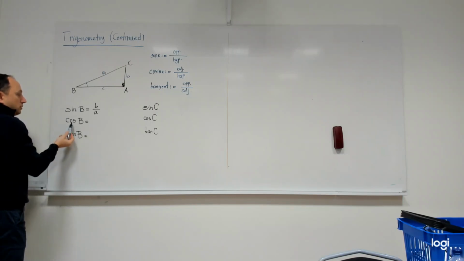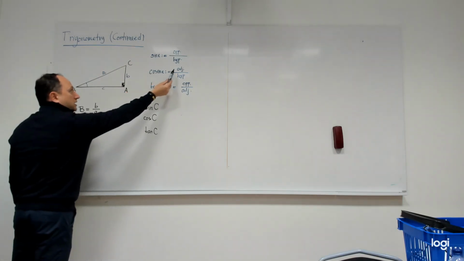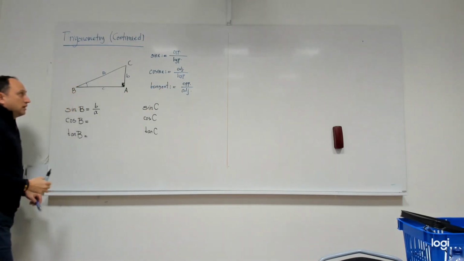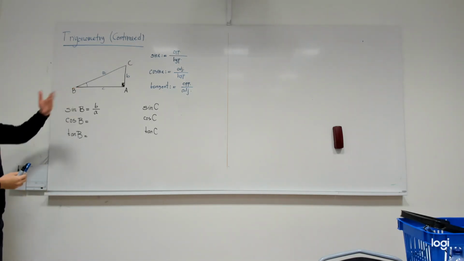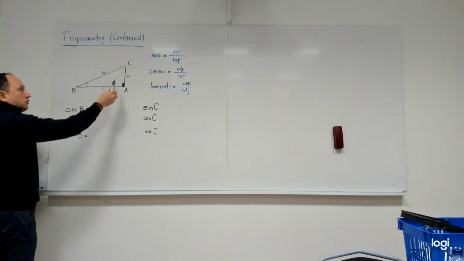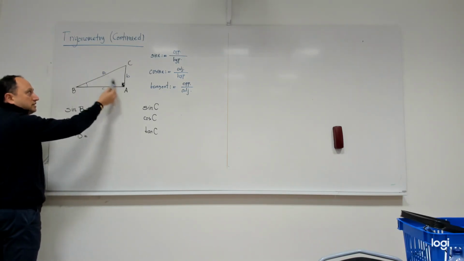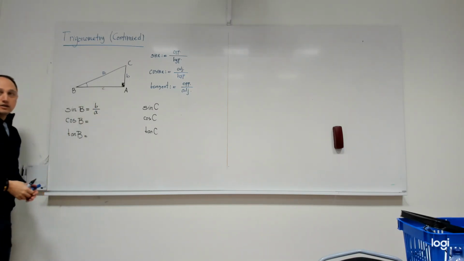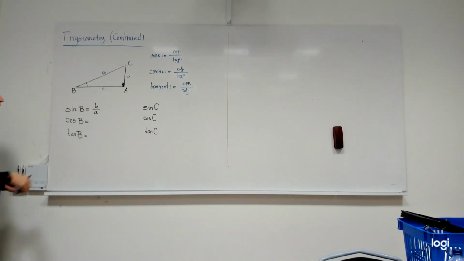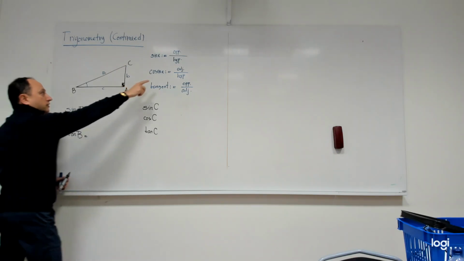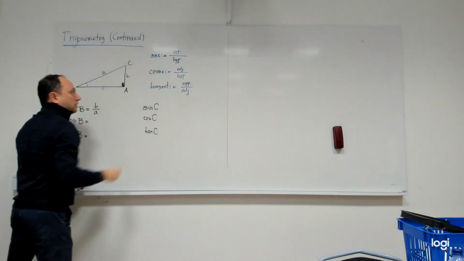And if I ask you about cosine of B, cosine is the adjacent side divided by the hypotenuse. I told you this might be confusing: which one is the hypotenuse? The side opposite to the 90 degree angle is called the hypotenuse in a right angle triangle, yes? So when I say cosine B, you need to find the adjacent side and divide it by the hypotenuse.